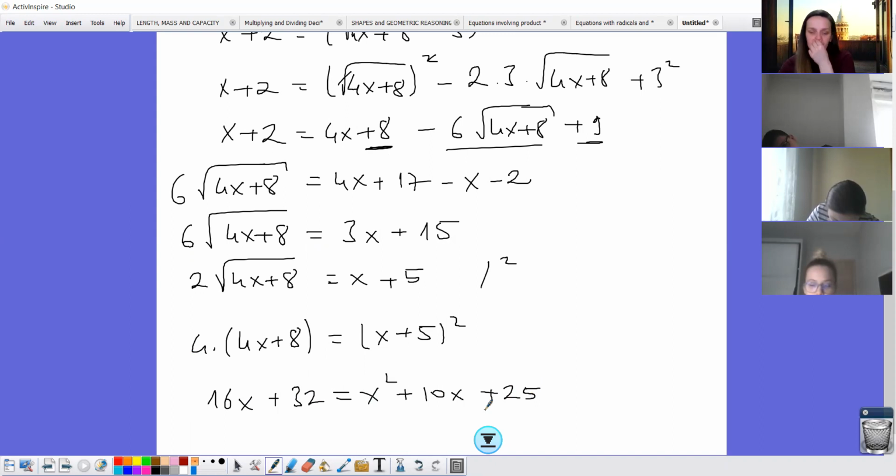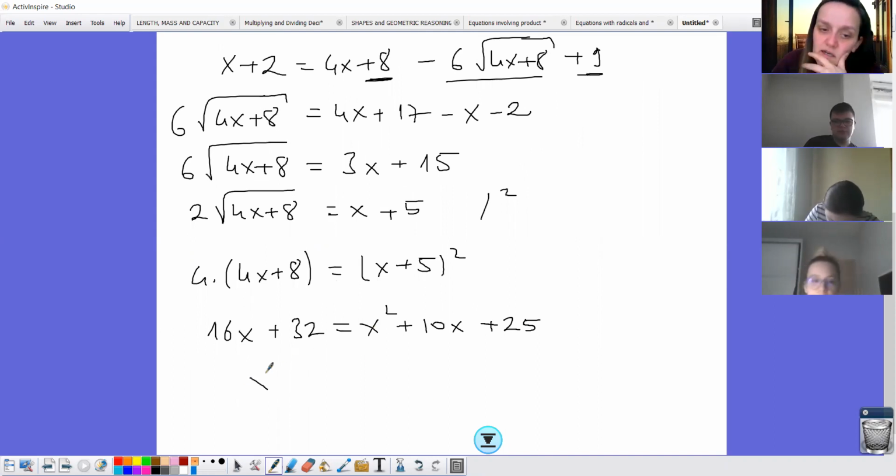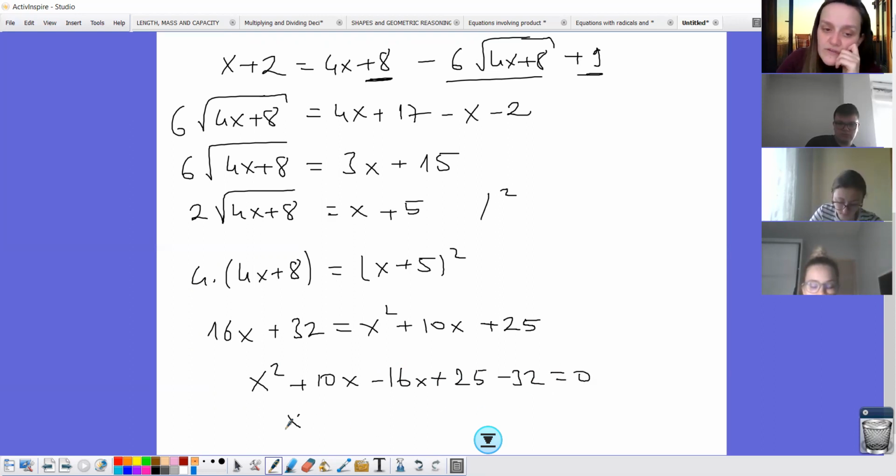Is it okay? It's okay. Now, again, I will continue. x squared plus 10x minus 16x plus 25 minus 32 is equal to 0. Then we have x squared minus 6x, and here what will we have?